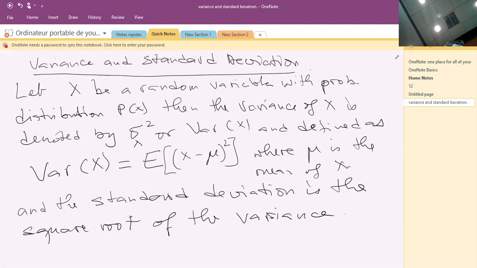So the variance is the expectation of the square of the deviations, and the standard deviation is the square root of the variance. This explains the reason for the word standard deviation. Variance is the expected square of the deviations.